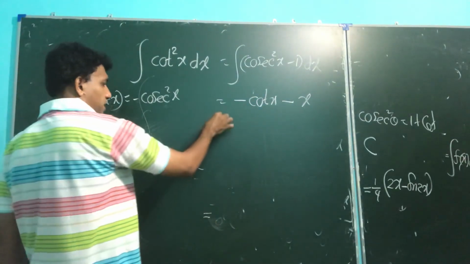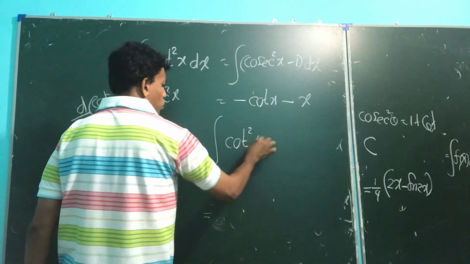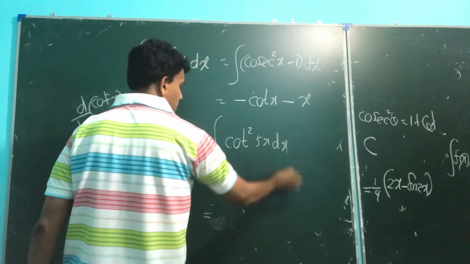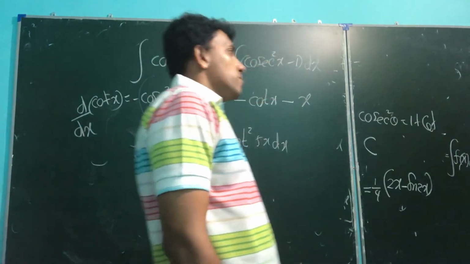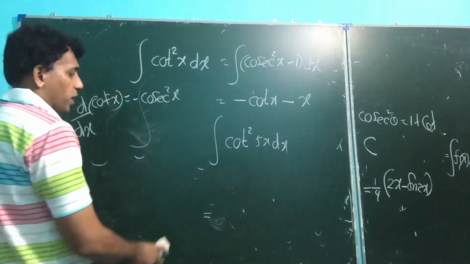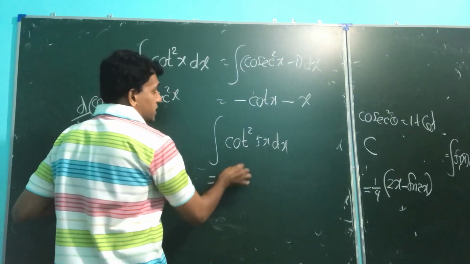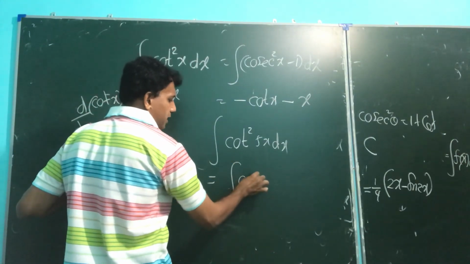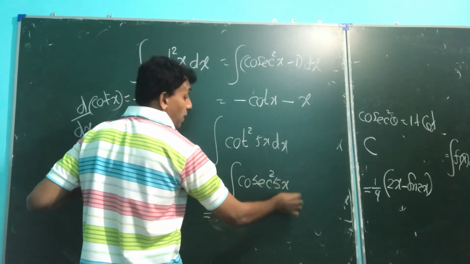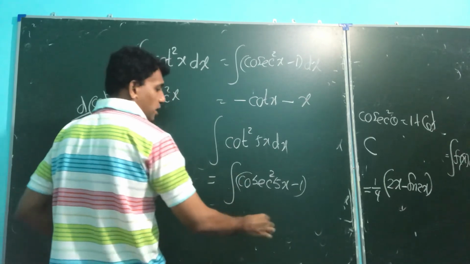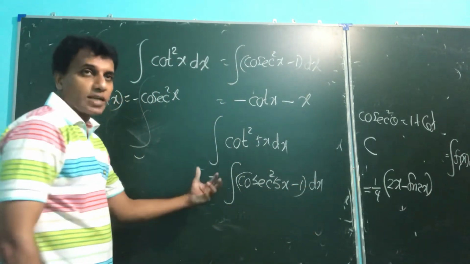See one example, integral of cot square 5x dx. Change to cosec square. Integral of cosec square 5x minus 1, the trigonometry part, not integration. Now do the rest of the integral separately.